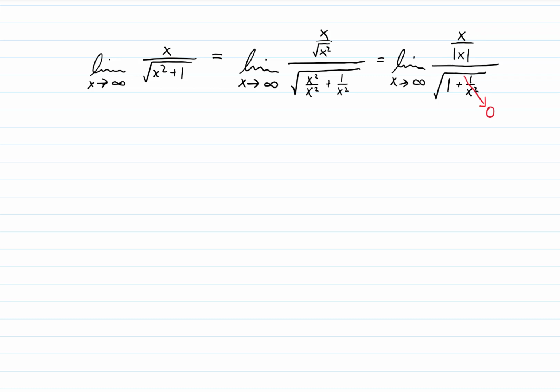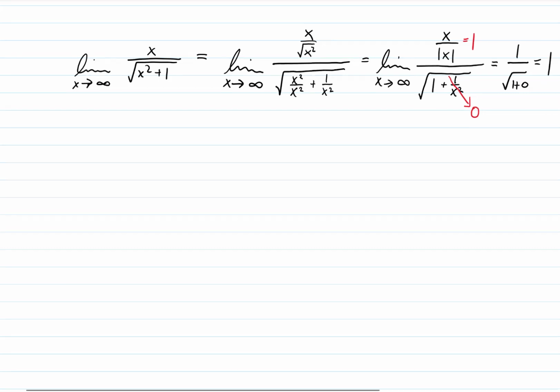It actually equals, which I'll say that, 1. Because x is going to infinity, which means we're going to be in the positive numbers, which means that the absolute value of x is x, and x over x is 1. Okay? All right, so what's the limit? The limit is 1 over the square root of 1 plus 0, which equals what? 1.